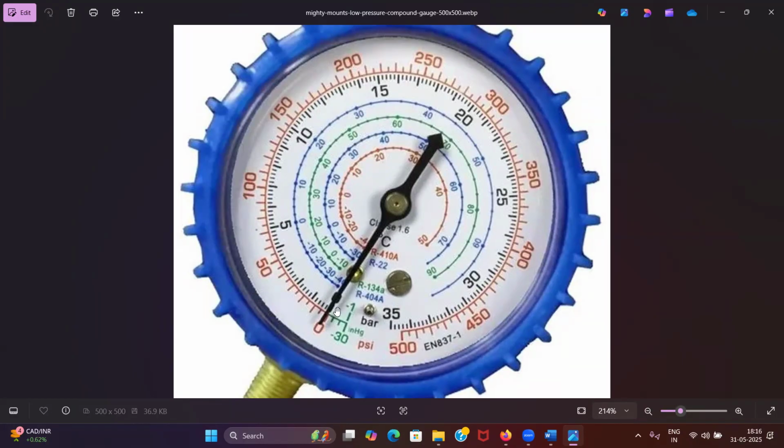In suction there are chances of vacuum, I have told you, suppose LP cutout is not functioning properly, there might be chances that your compressor might go to vacuum state. And here this is bar, and what is written over here, degree Celsius, temperature. So you can see at different pressures you will be having different temperatures.